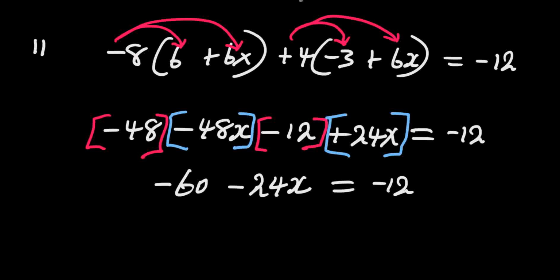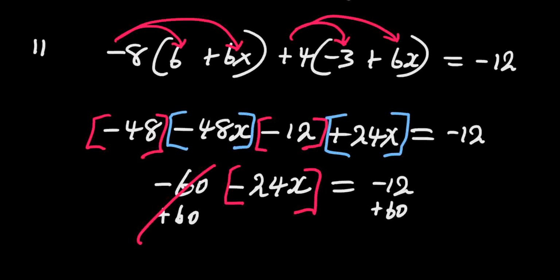So now we are going to isolate negative 24x. In other words, we are going to keep negative 24x here and eliminate negative 60 from here. So to remove negative 60 from here, we only need to add the opposite of negative 60, and the opposite of negative 60 is positive 60. So add that to both sides. 60, and negative 60 plus 60 is 0.